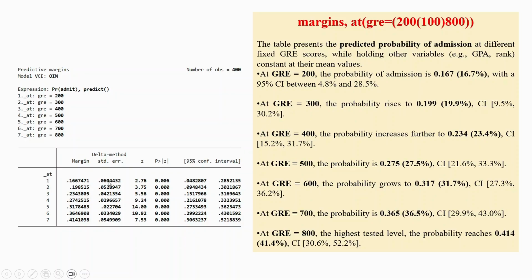At GRE 300, the probability rises to 0.199. At GRE 400, the probability increases further to 0.234, that is 23.4%. At GRE 500, 27.5%, 600, 31.7%, 700, 36.5%, and at 800, 41.4%.